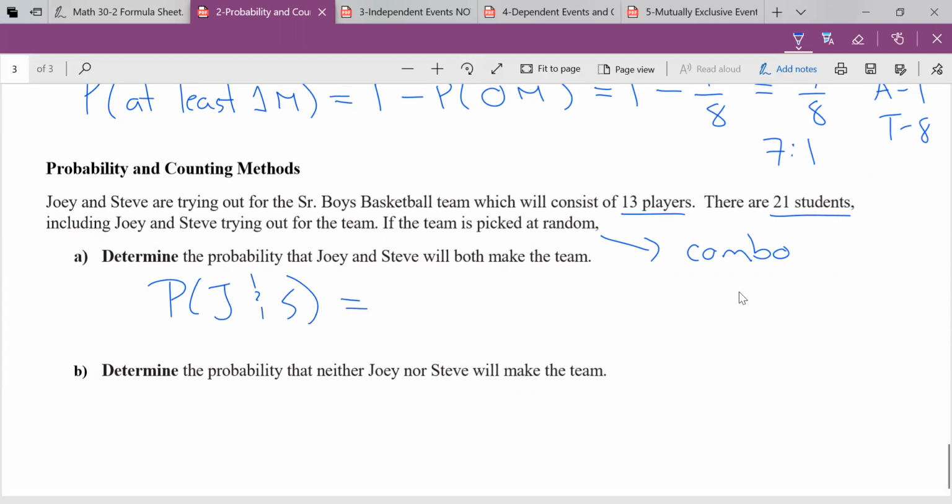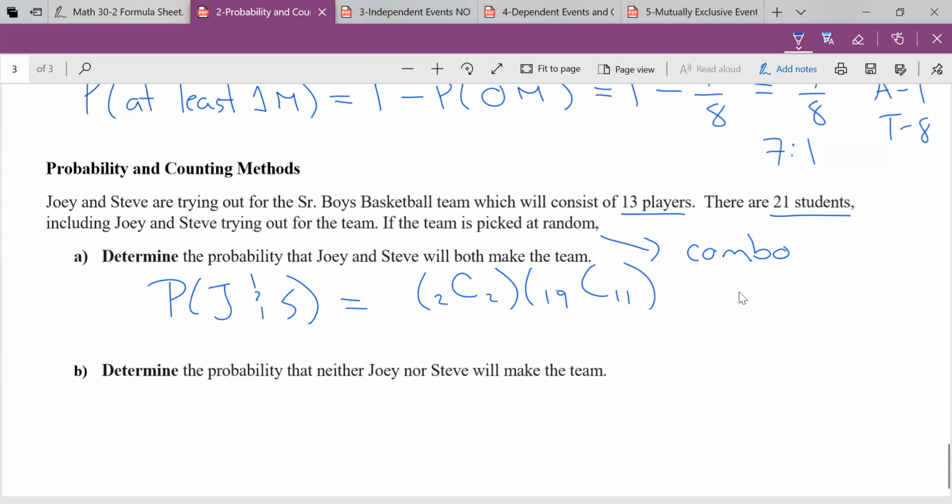Well, what I've got here is how many ways can I get Joey and Steve? Well, it's a combination, and there's two of them, right? I need both of them. And then let's not forget the team consists of 13 players. So now there's 19 more students to select from, and we need 11 more of them.